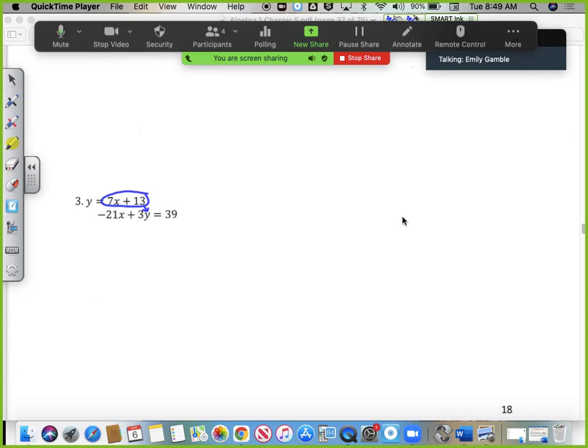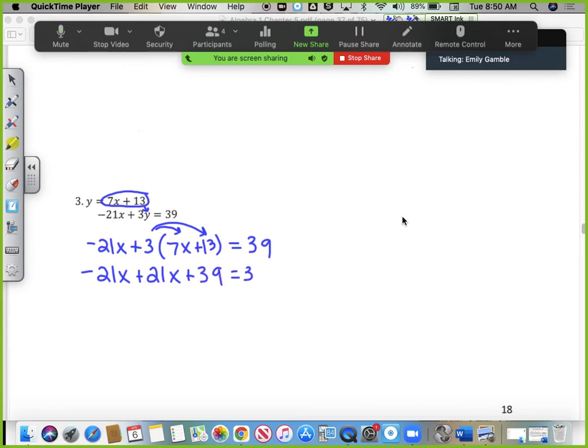So this is going to say -21x plus 3 times 7x plus 13 is equal to 39. And then what we're going to do is multiply everything in here by 3. This turns into -21x plus 21x plus 39 equals 39.